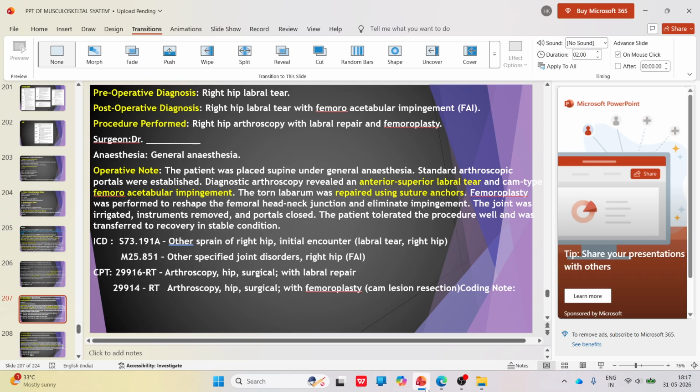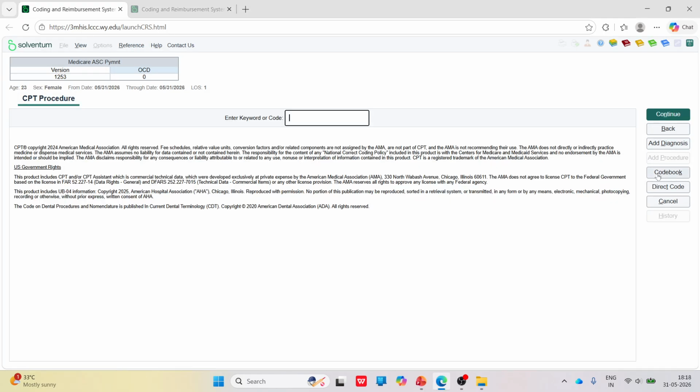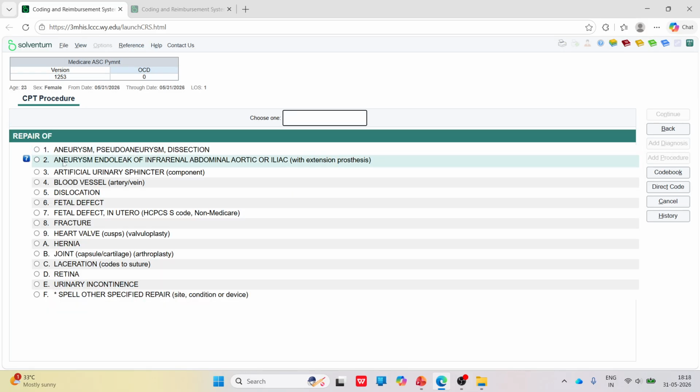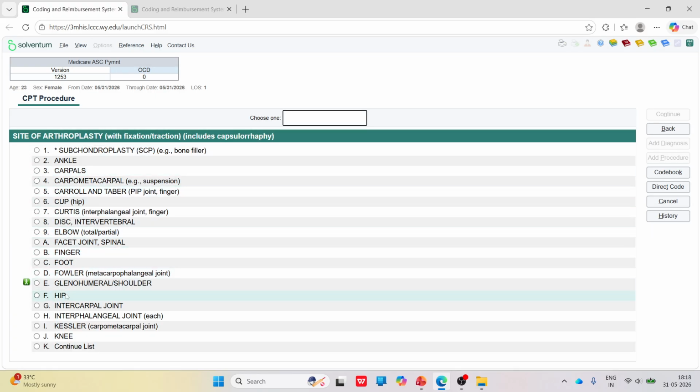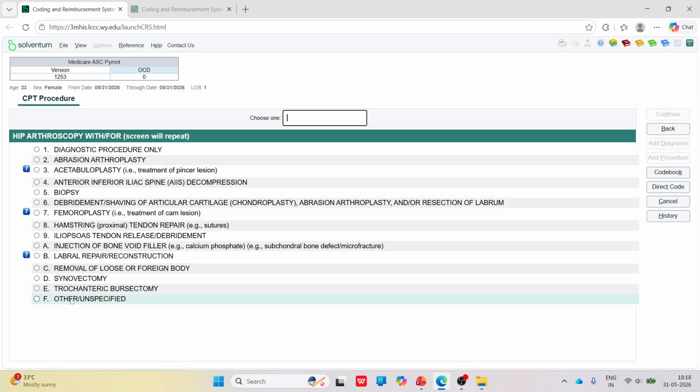Okay, so first, repair of the joint. Which joint? Hip joint. It's arthroscopic. Yes, it's arthroscopic. Okay, and is any other procedure done?